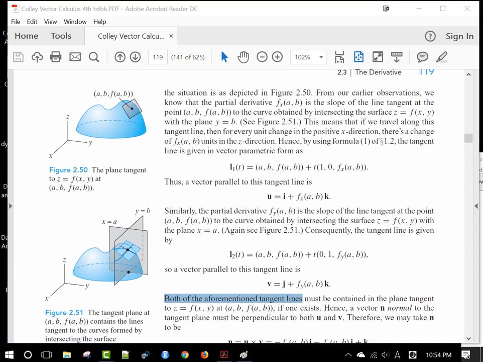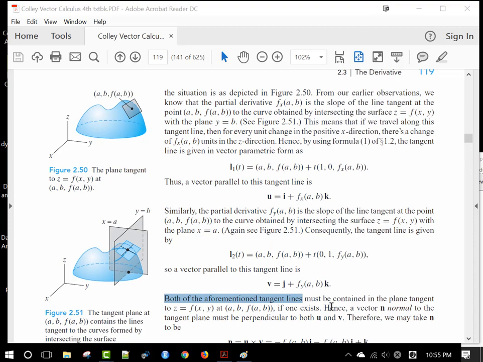So both of these have to be there, right? Both of the tangent lines, this line and this line, have to be in the plane. And therefore, a vector n normal to the tangent plane must be perpendicular to both u and v.